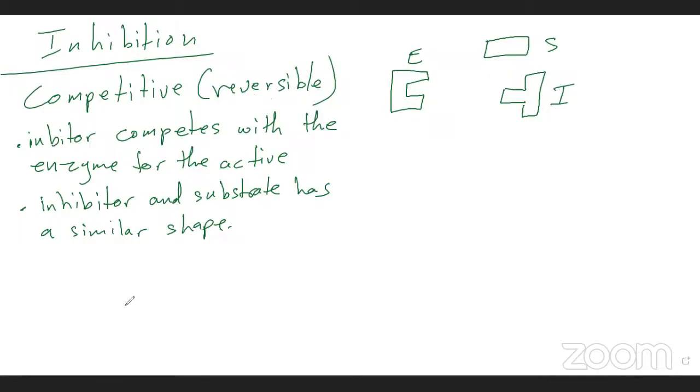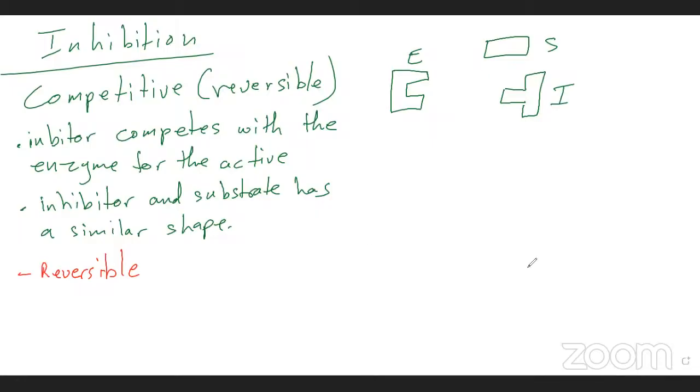Why is it reversible? Because if you increase the substrate concentration, the effect can be reduced, and you can improve the rate. It's not permanent, it's temporary.